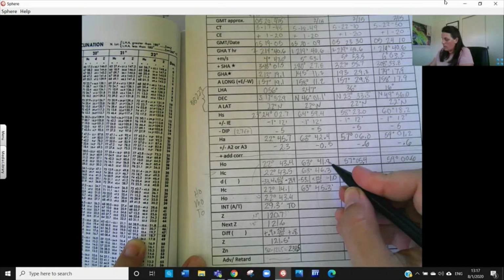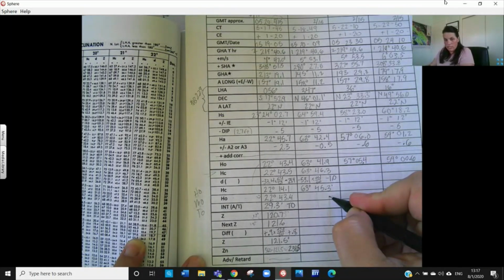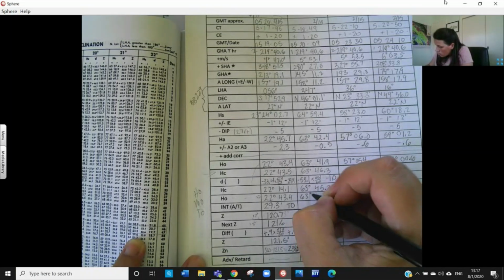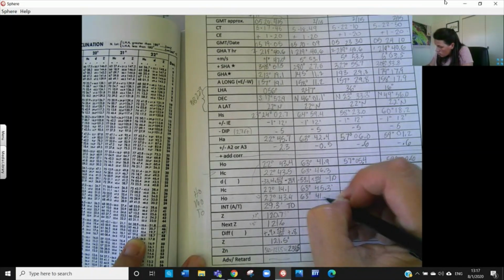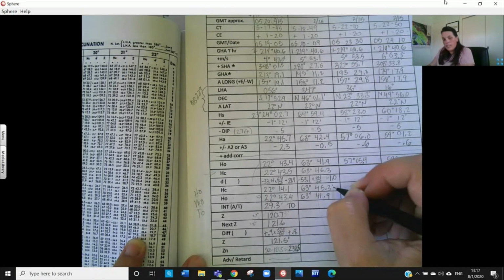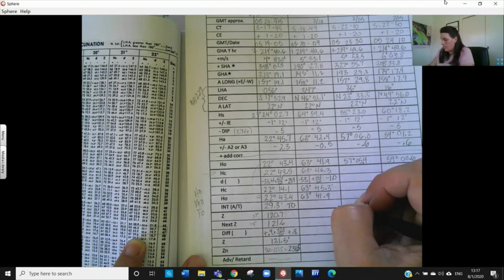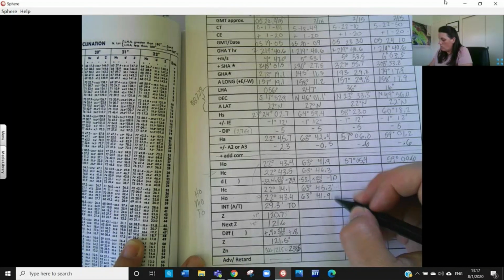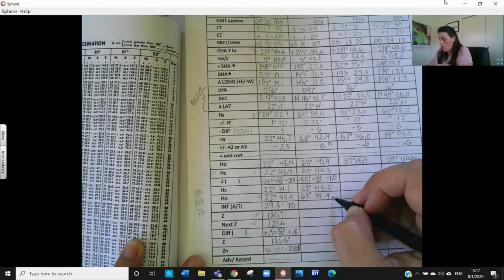Now I'm going to move my HO right down to the HO line, and I can get the difference here for my intercept. So I'm going to look first: is it HO more than HC, toward? No, it is not. My HO is not more than, so it is not towards.